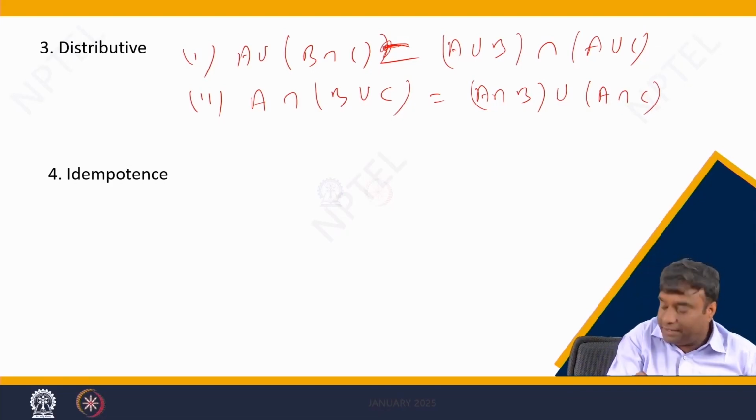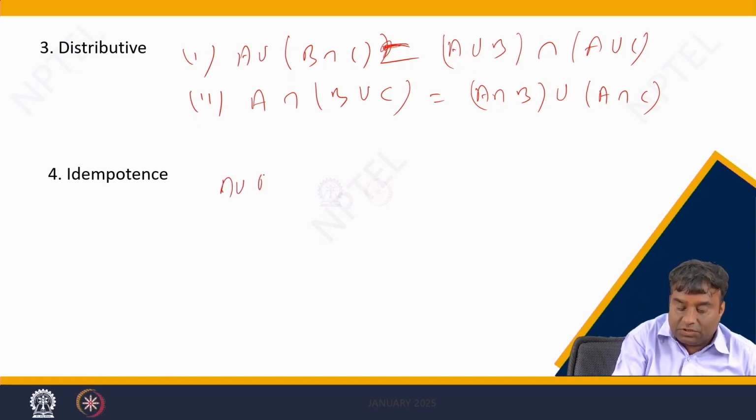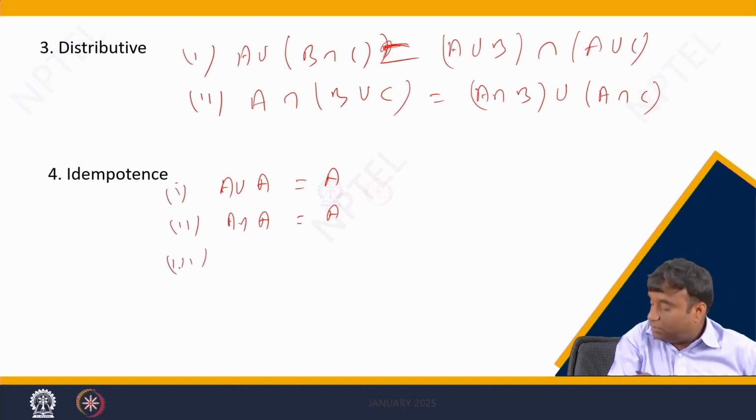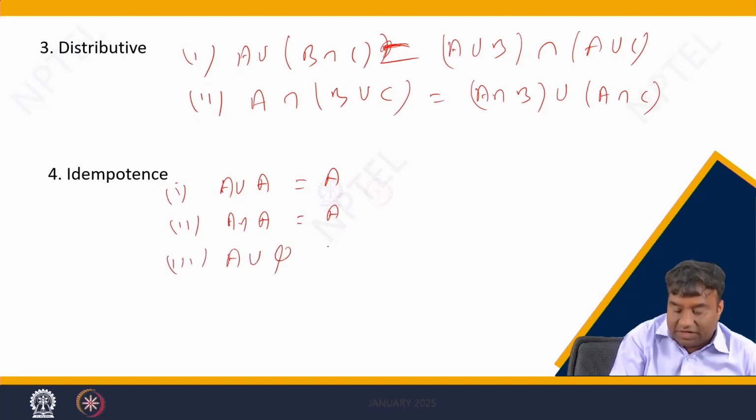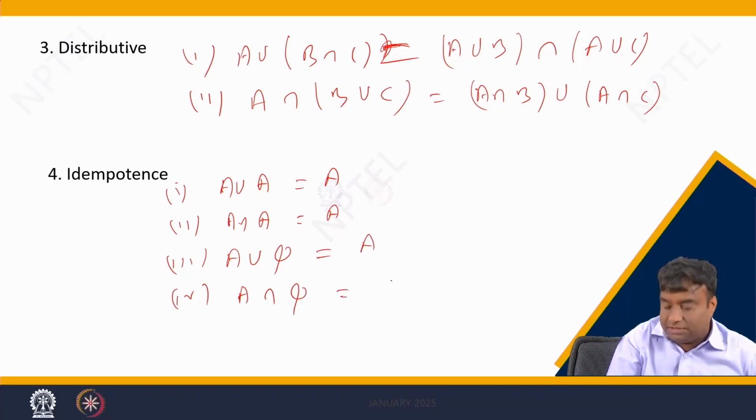Now idempotent. A union A, you will get A. Similarly, A intersection A, you will also get A. Suppose that phi is the empty fuzzy set: A union phi gives A, and A intersection the empty fuzzy set phi gives phi.